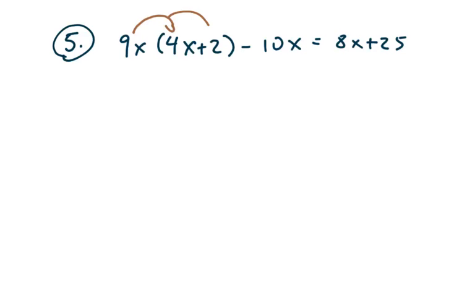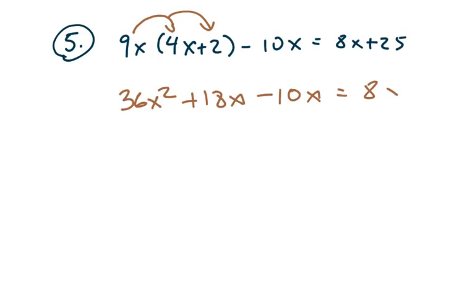Like I said, we're going to distribute. So we're going to get 36x squared plus 18x minus 10x equals 8x plus 25. So before I start moving things over, I'm going to combine or consolidate like terms.